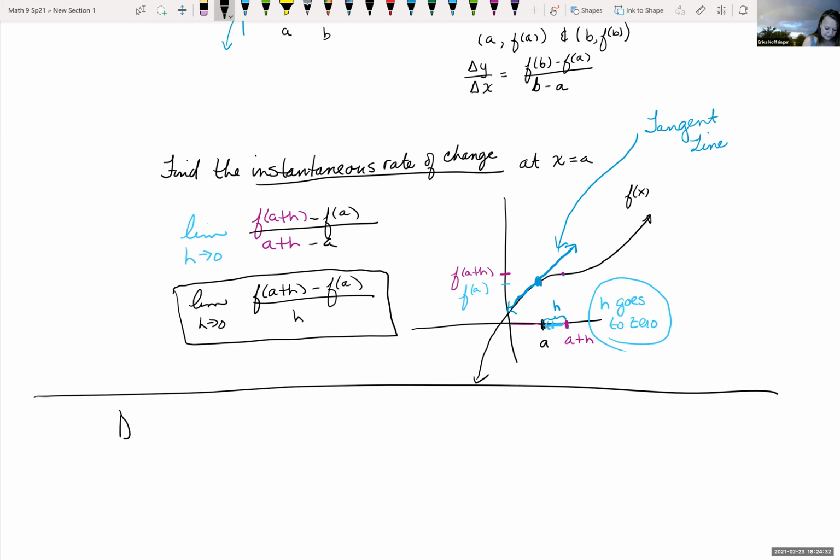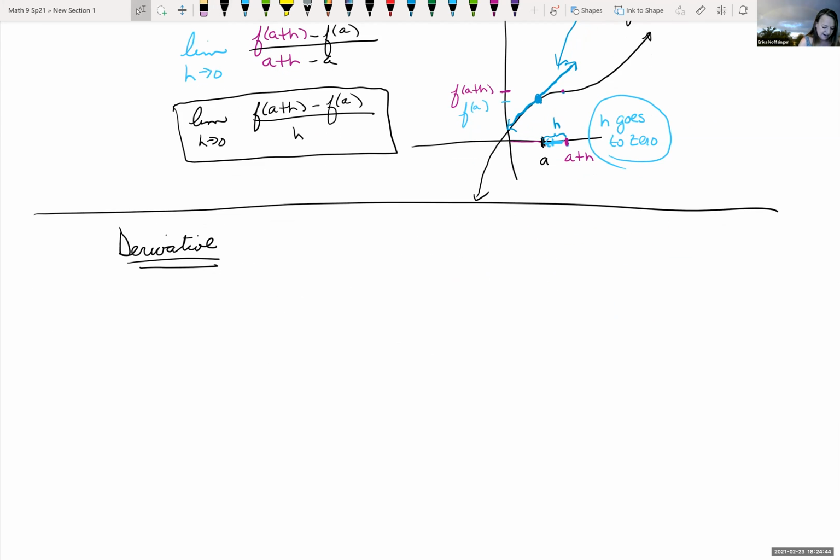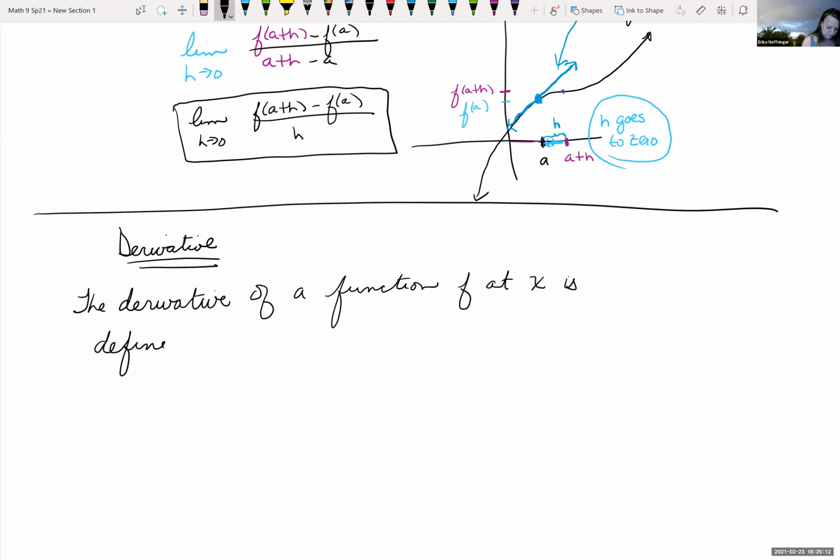Okay, so the derivative. The derivative of a function f at x is defined as the following.